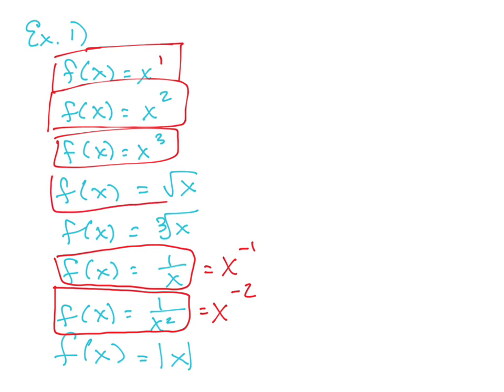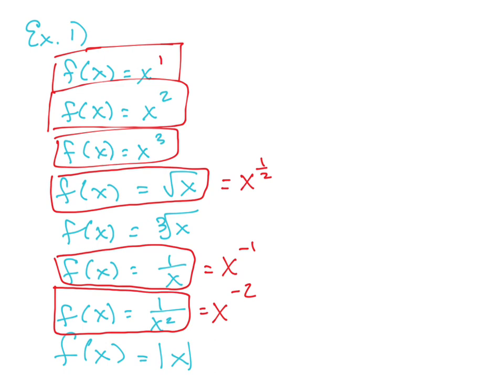Is there any way we could write the square root of x as a power? X to the what power equals the square root of x? 1/2. This is your rational exponent properties. Good. If I raise x to the 1/2 power, that's the same thing as square rooting it.